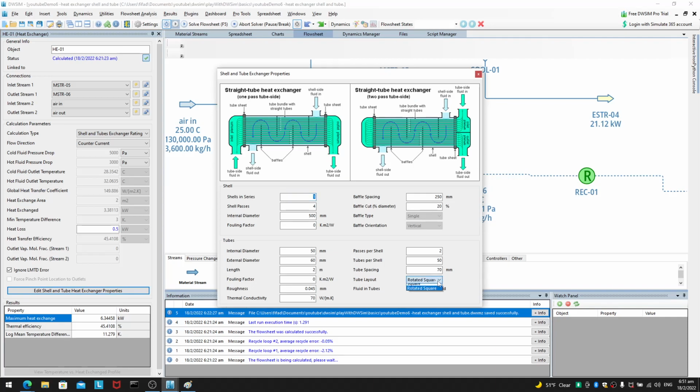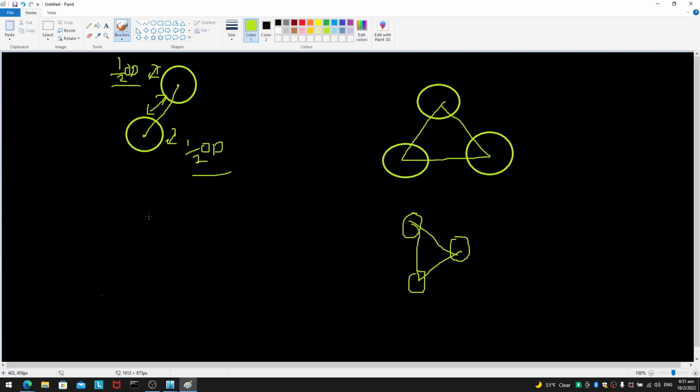Square is again a slightly different orientation, so it's literally 1, 2, 3, 4, and you form a square like that. And the spacing between adjacent tubes, I guess will be this.